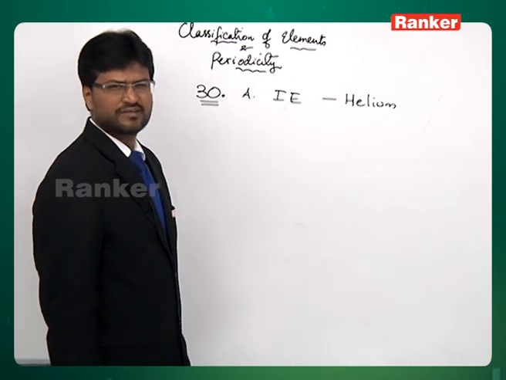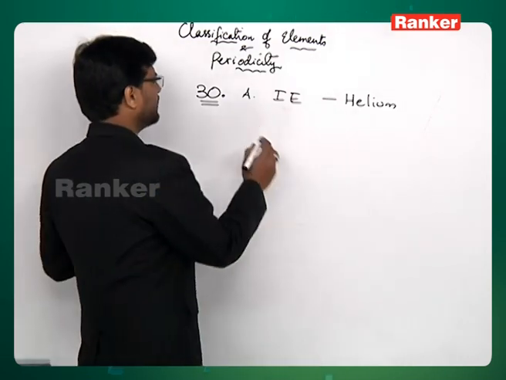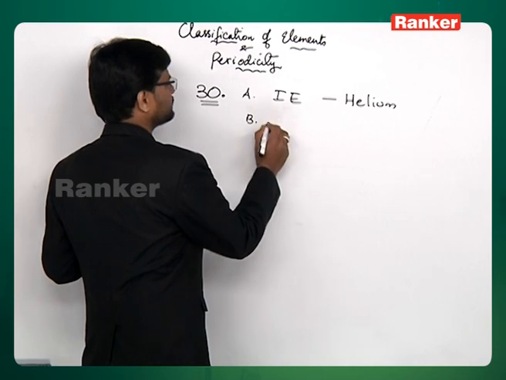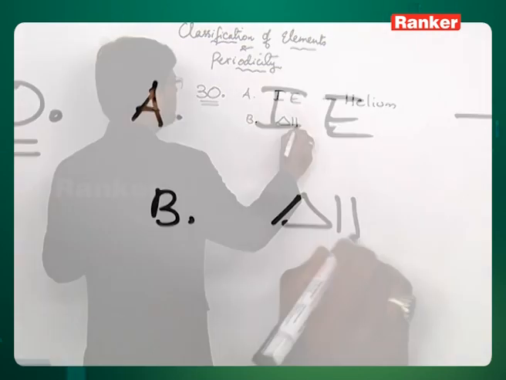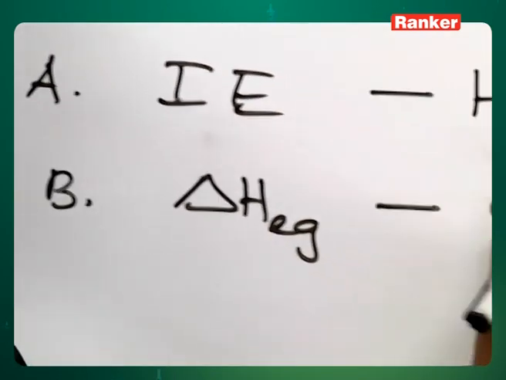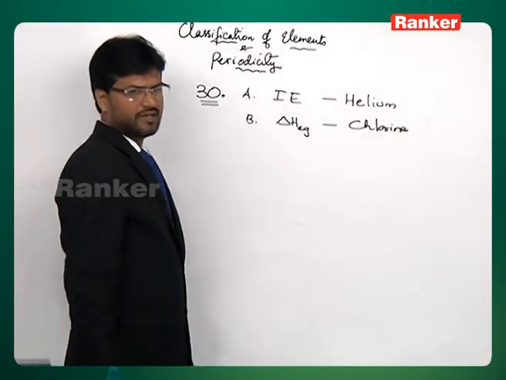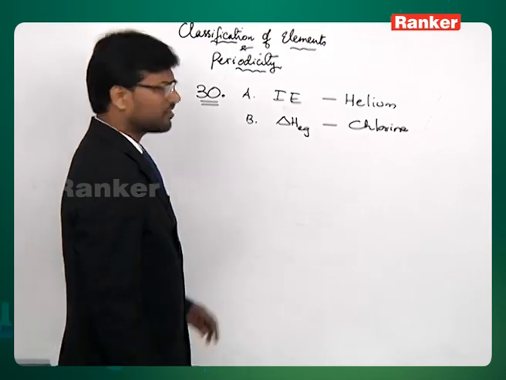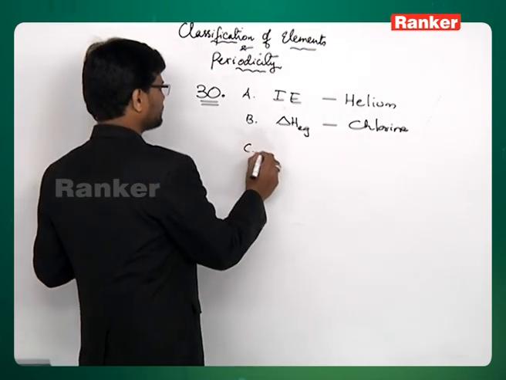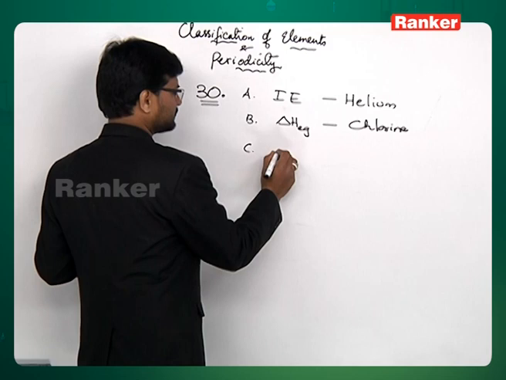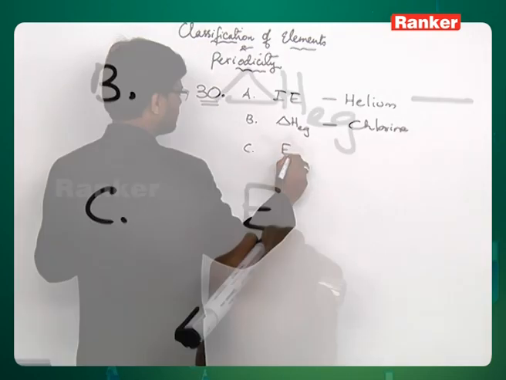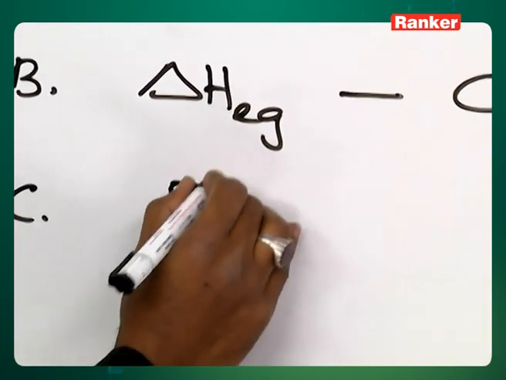Element with highest electron gain enthalpy, delta H eg. This is chlorine. Chlorine has highest electron gain enthalpy. Element with highest oxidizing ability, highest oxidation potential.